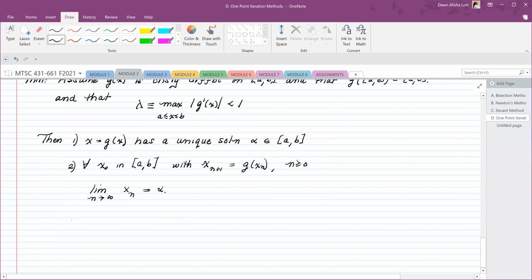And third, the absolute value of alpha minus xn is less than or equal to lambda to the n times the absolute value of alpha minus x naught, and that is less than or equal to lambda to the n over 1 minus lambda times the absolute value of x1 minus x naught.